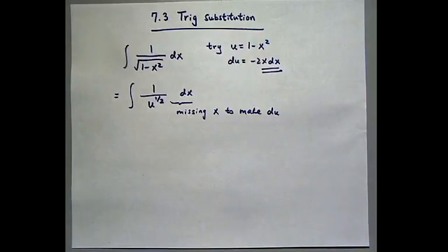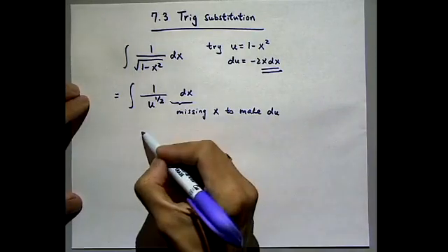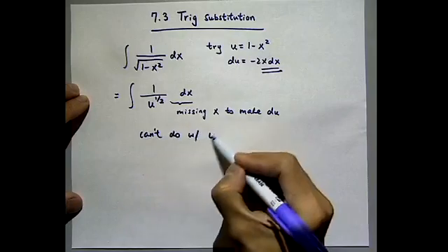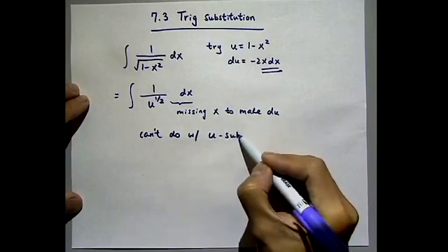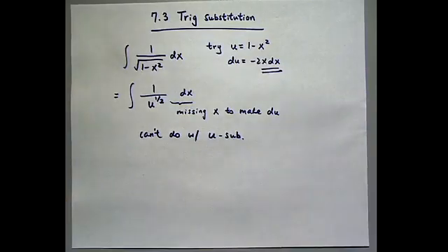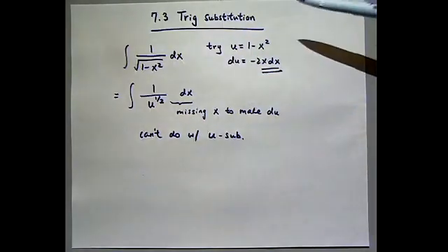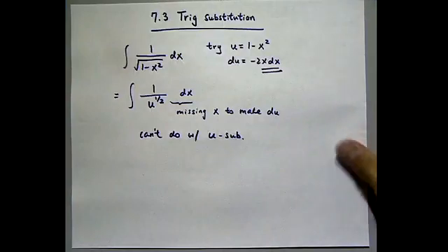There's simply no way to proceed any further. This is something that we cannot handle with substitution. So this is one of the typical things that trig substitution comes in handy. So let me show you how trig substitution works.